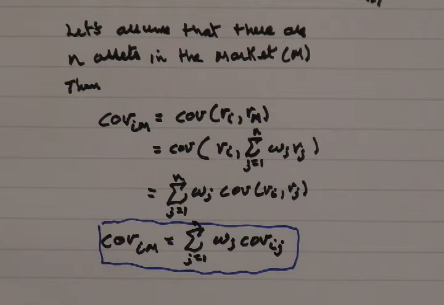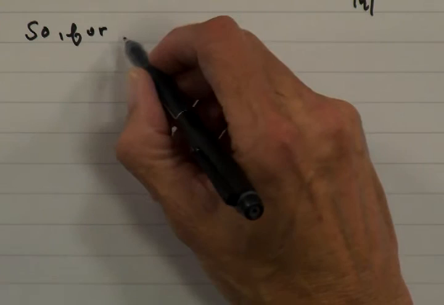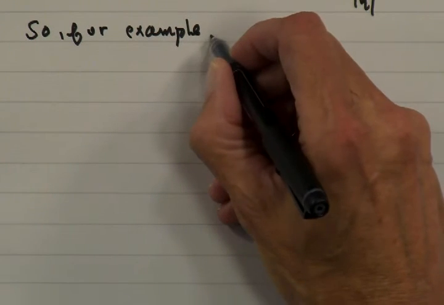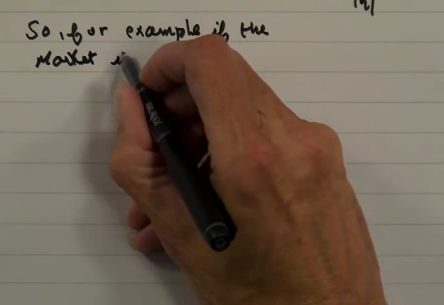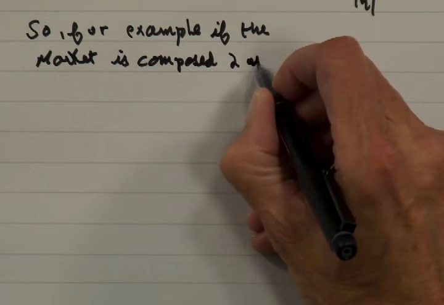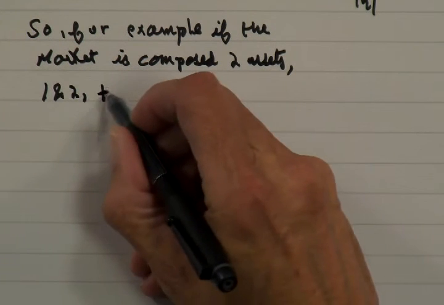So let's take an example. For example, if the market is composed, or comprises, two assets, and we'll call these assets 1 and 2, then what do we get?